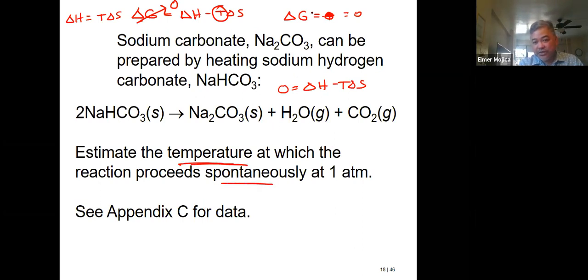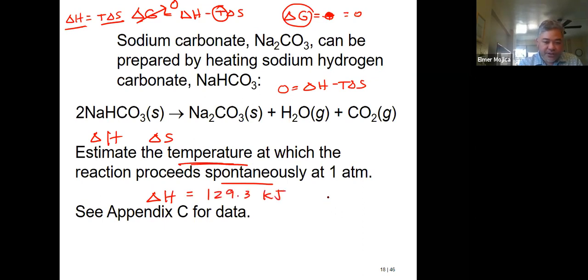What you're going to do is set this to 0, so that you can find the temperature. I'm going to give you the delta H and the delta S already of the reaction after the calculation. So you have delta H as 129.3 kilojoules, and delta S is around 337.4 joules per K.